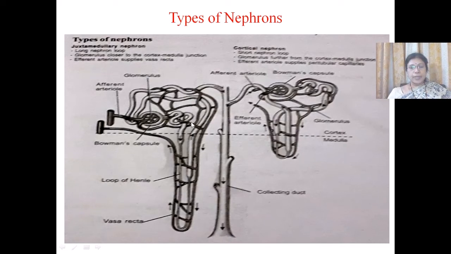The arrangement of these nephrons in the cortex and medullary region helps in the formation of hypertonic urine, and thus there is a close relationship between the structure of the kidney and its function.